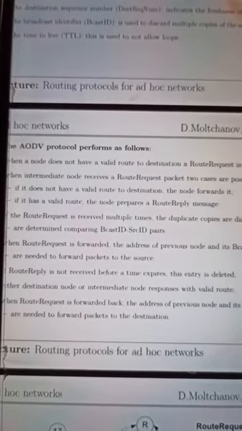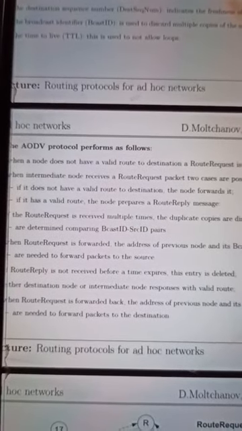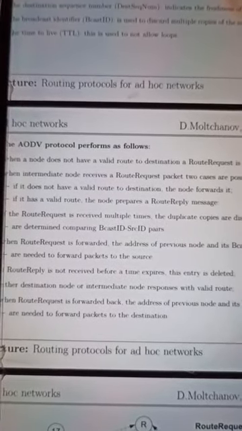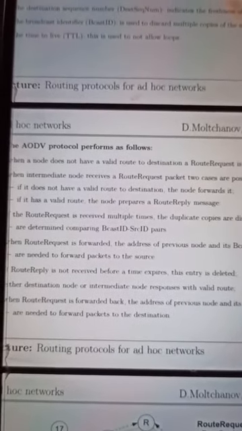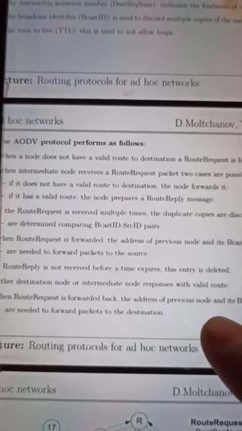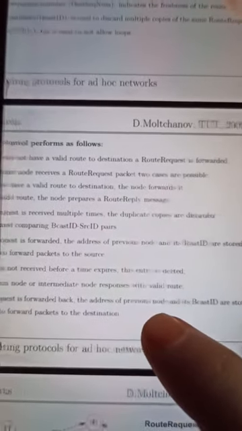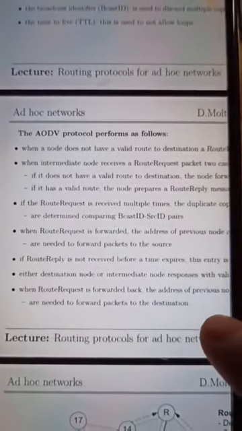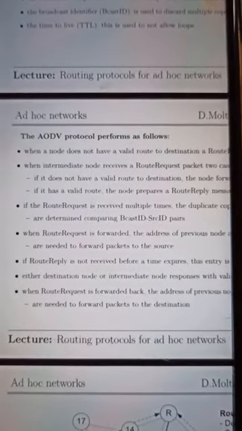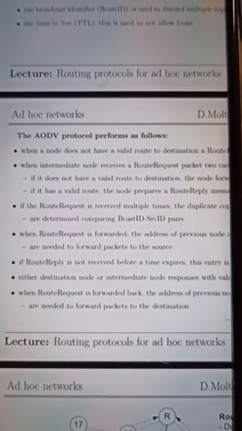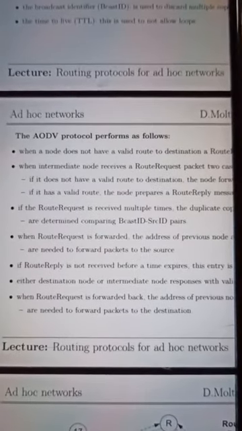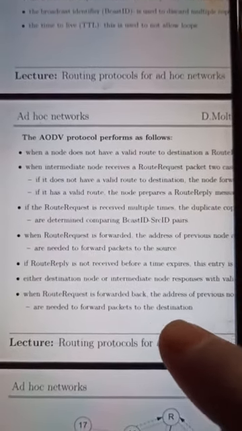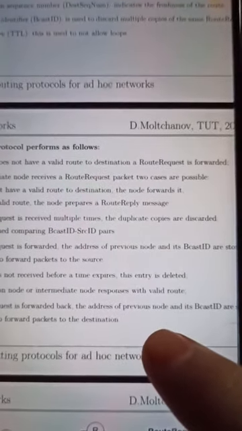Every time a data packet traverses a node, its address is stored, and if the route reply is not received before the time expires, then the entry is deleted. So TTL works here. If before the expiry time the route reply is not received, then the entry is discarded. Either the destination node or an intermediate node responds with a valid route.